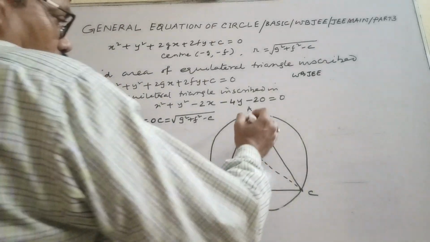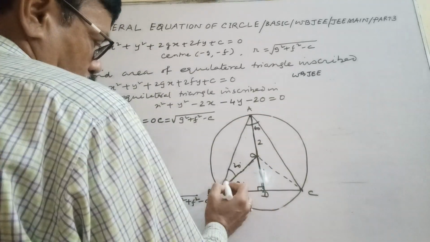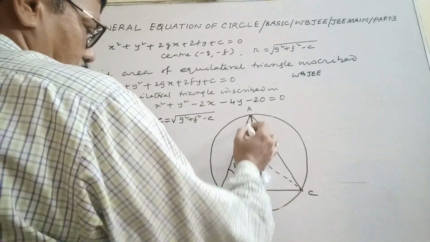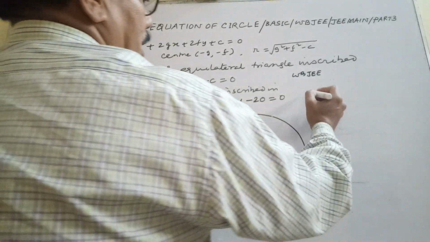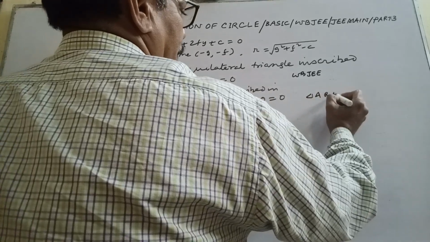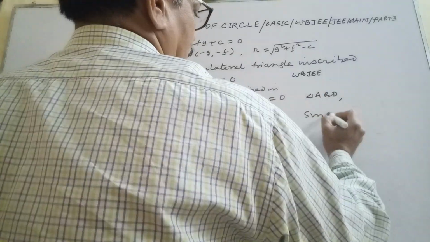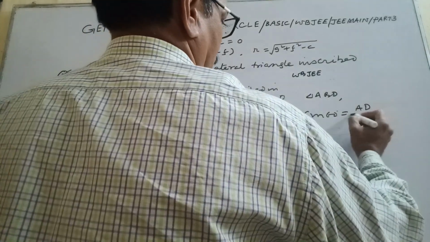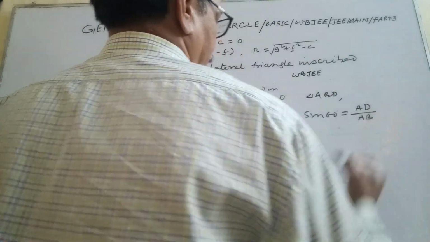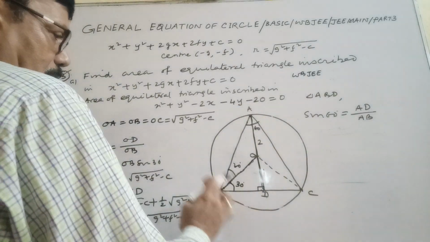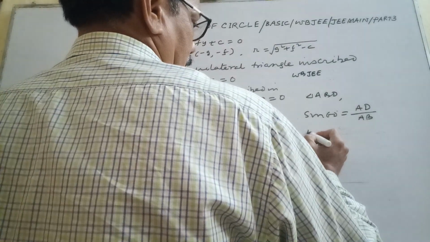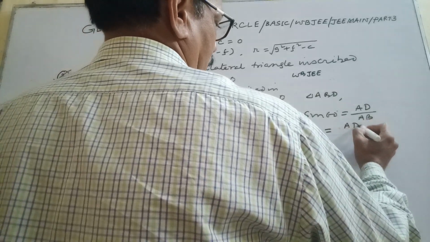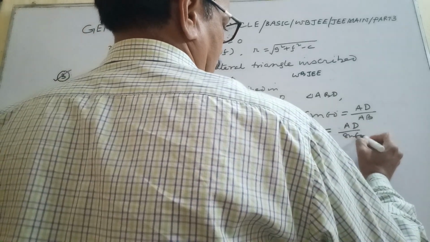Now consider triangle ABD. This total angle is 60 degree. In triangle ABD, sin 60 equals AD by AB. So AB equals AD by sin 60.